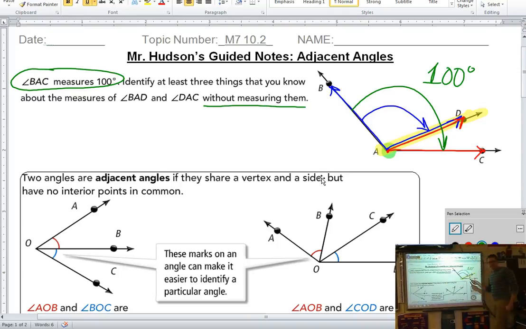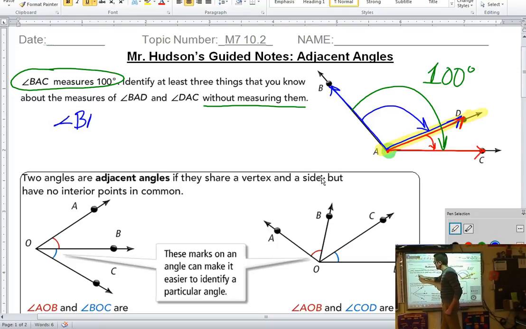If my green angle is the big angle that's made with my blue angle and my red angle, then what we could say mathematically is to get the green, I have to add the red and the blue. So I'm going to keep this color-coded.